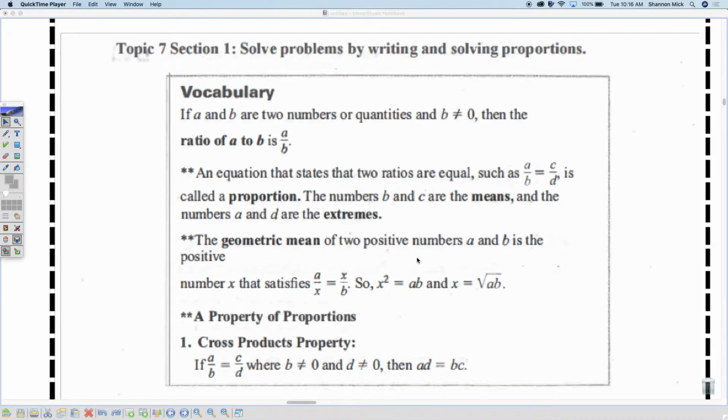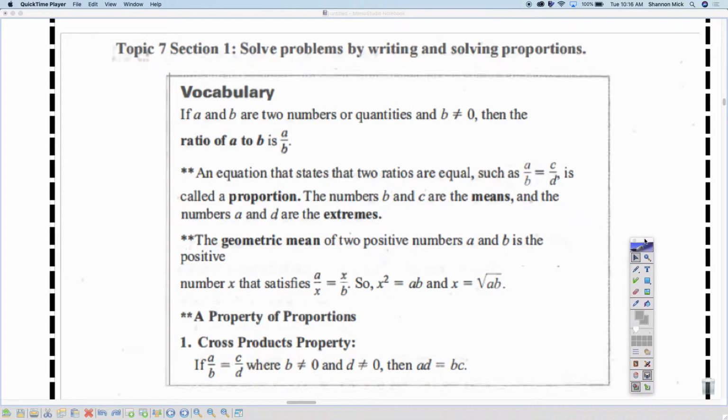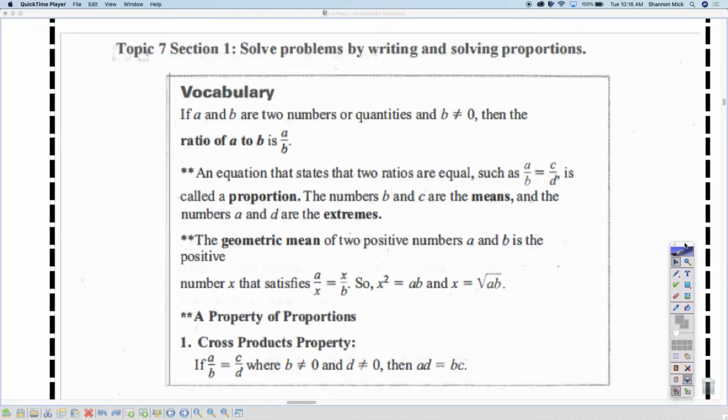Okay, so at the top, you might want a highlighter to highlight some things. I didn't make it fill in the blank. I just have it there.